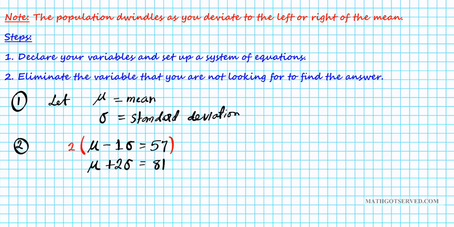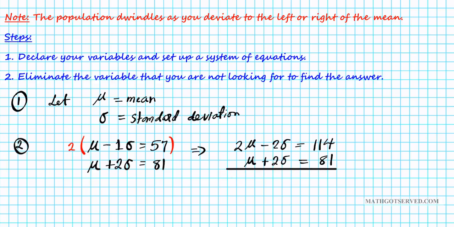So that should suffice. If you multiply equation 1 by 2, we will have 2 mu minus 2 sigma equals 114. Okay, and then this one stays the same, mu plus 2 sigma equals 81. And then what we'll simply do is combine both equations, just add it downwards.